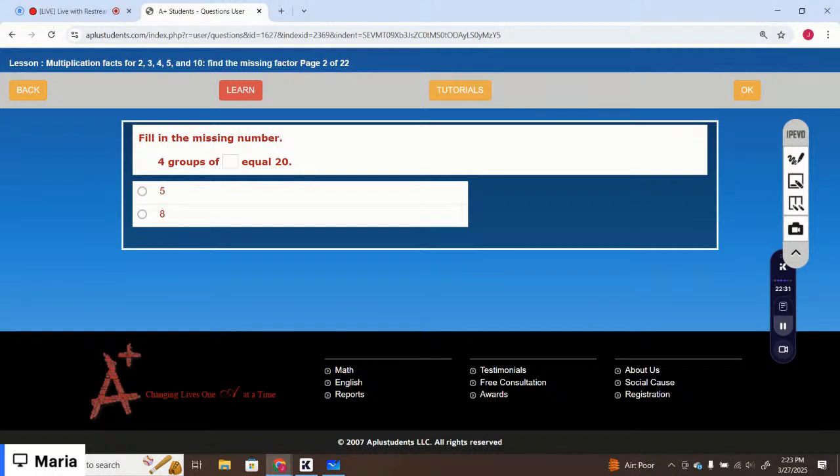Fill in the missing number. Four groups of what equals 20? Like four times what number is 20?